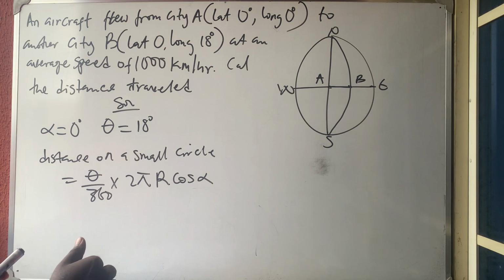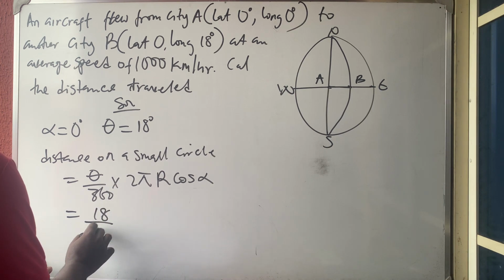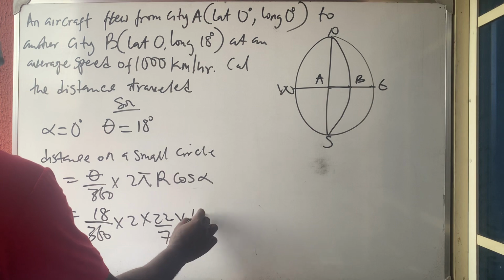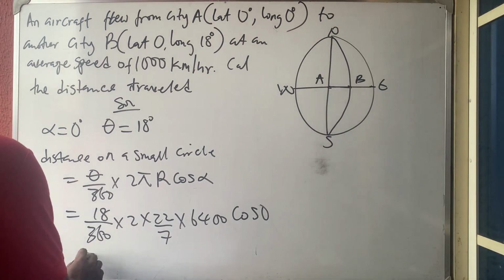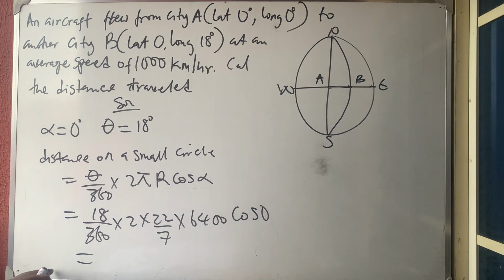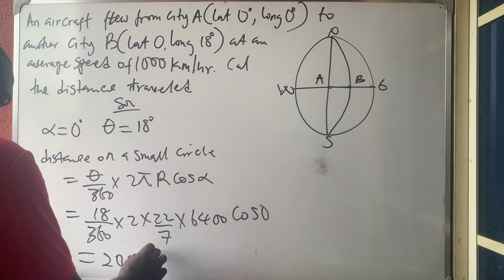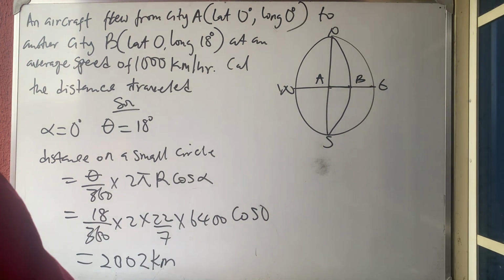So this is 18 over 360 times 2 times 22 over 7 times 6400 cos 0, and cos 0 is 1. So if you do everything, you are going to have 2002 kilometer. So that is that.